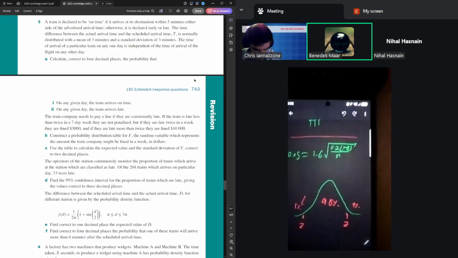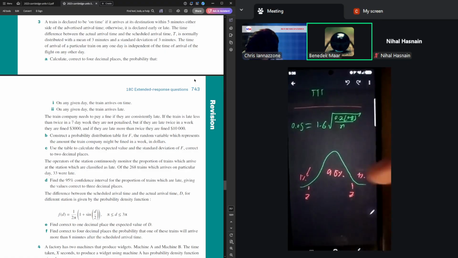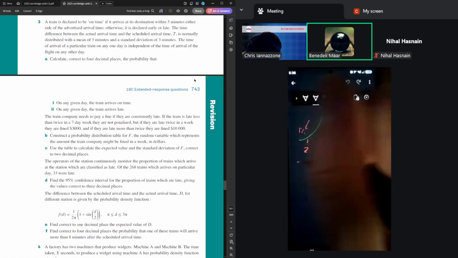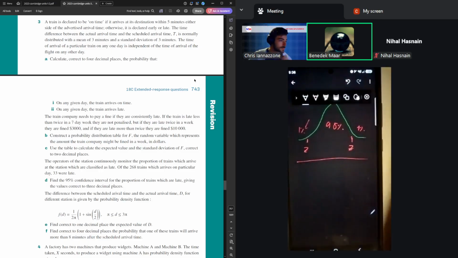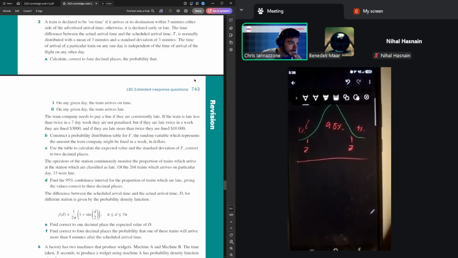Wait, does this make sense if it says with a mean of 3, you can't get -2 minutes? You can get negative because it just means it arrives early. Because it's plus, so any negative number is an early arrival. Oh, okay, understood. Yeah, because you're doing actual minus scheduled.